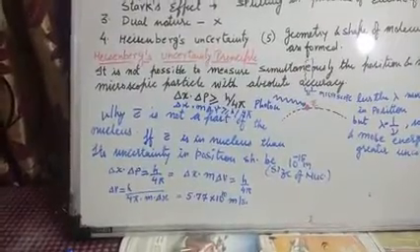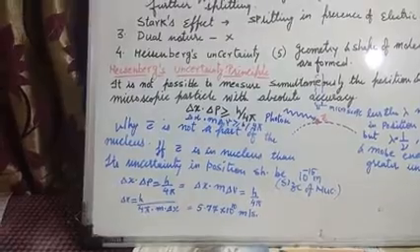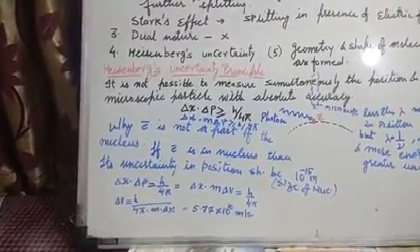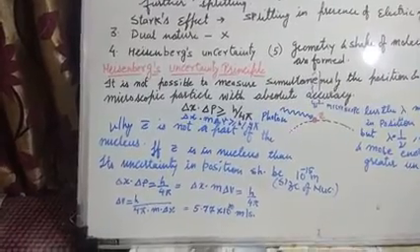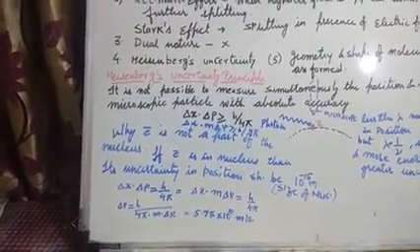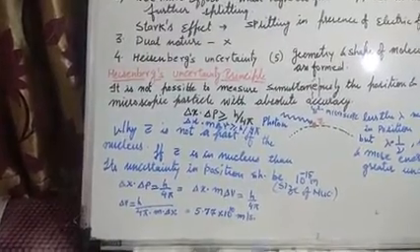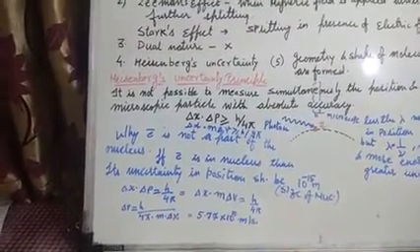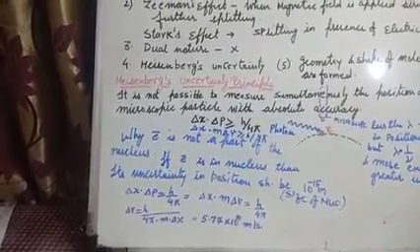Now students, I am taking some numericals based on the dual nature of matter, that is de Broglie's wavelength, and the Heisenberg uncertainty principle. Today I am taking numericals on de Broglie, and in the next video we will take Heisenberg uncertainty principle numericals.